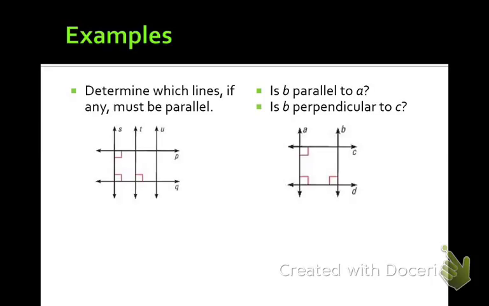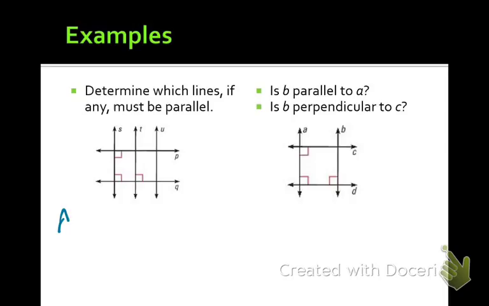Okay, so some examples. Determine which lines, if any, must be parallel. You look at this diagram. It looks like S is a transversal, and P and Q are both perpendicular to S, so they're going to be parallel. We also see that S and T are both perpendicular to Q, so S and T must be parallel.